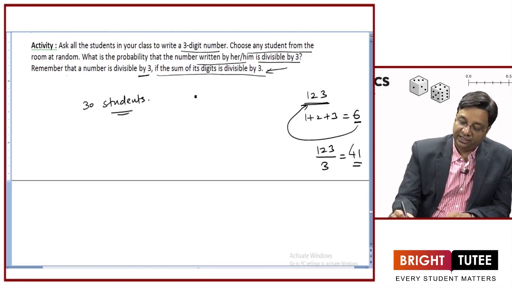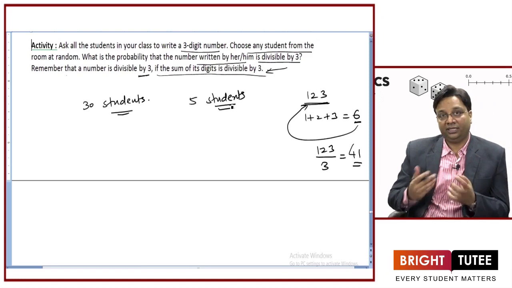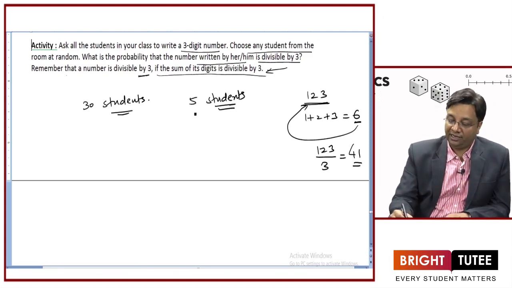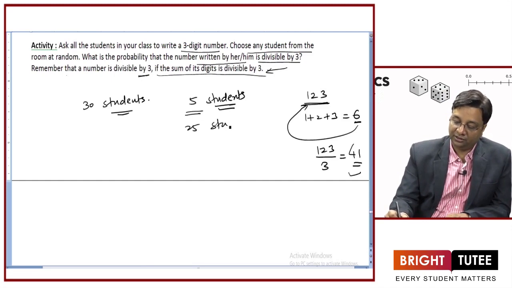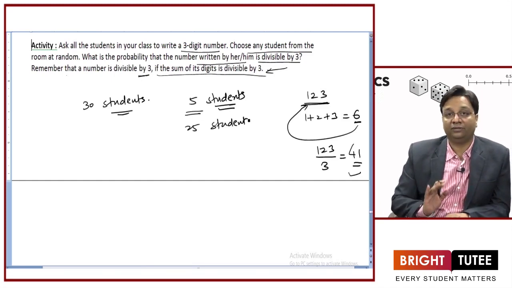Let us take a hypothetical case that 5 students wrote a 3-digit number on the board that was divisible by 3, and 25 students wrote a number that was not divisible by 3.